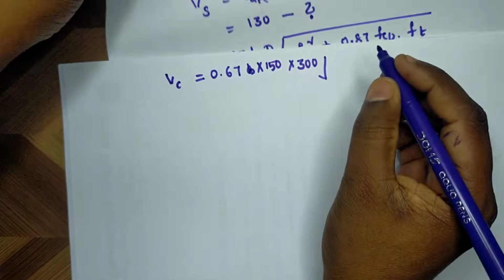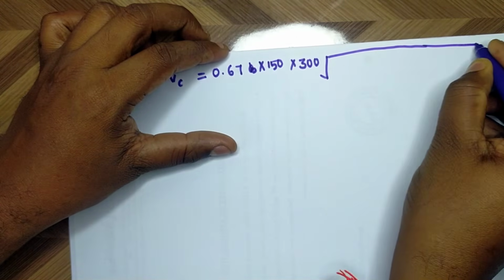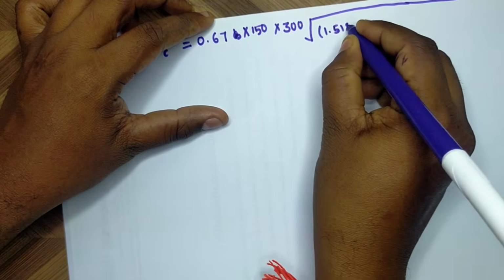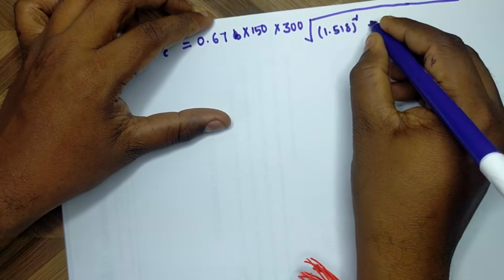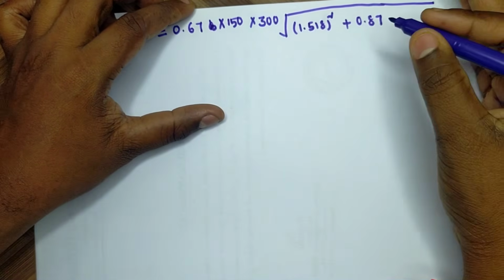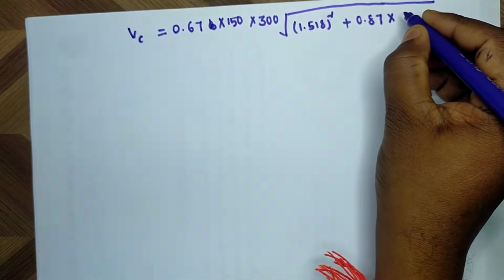Root of the FT value we have calculated now, 1.518 square plus 0.87 times FCP.